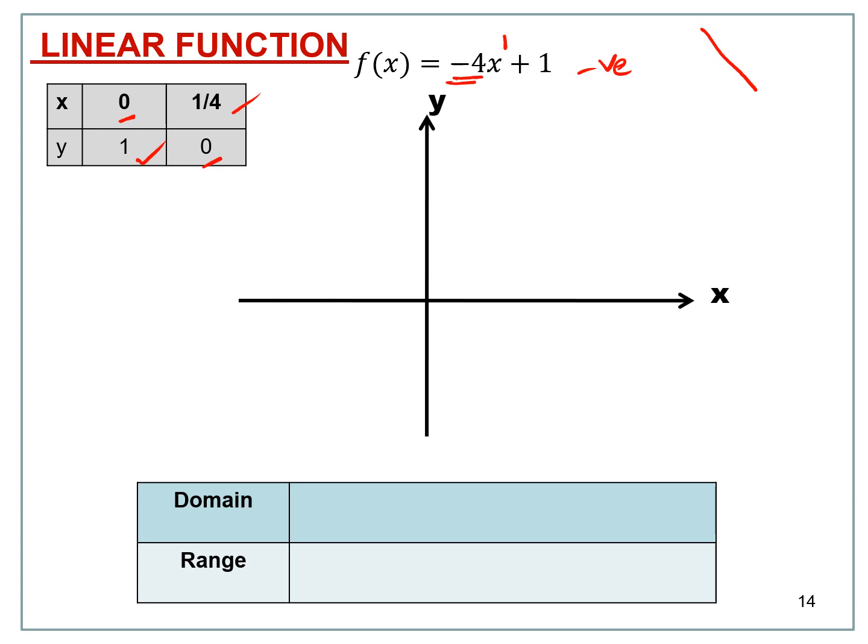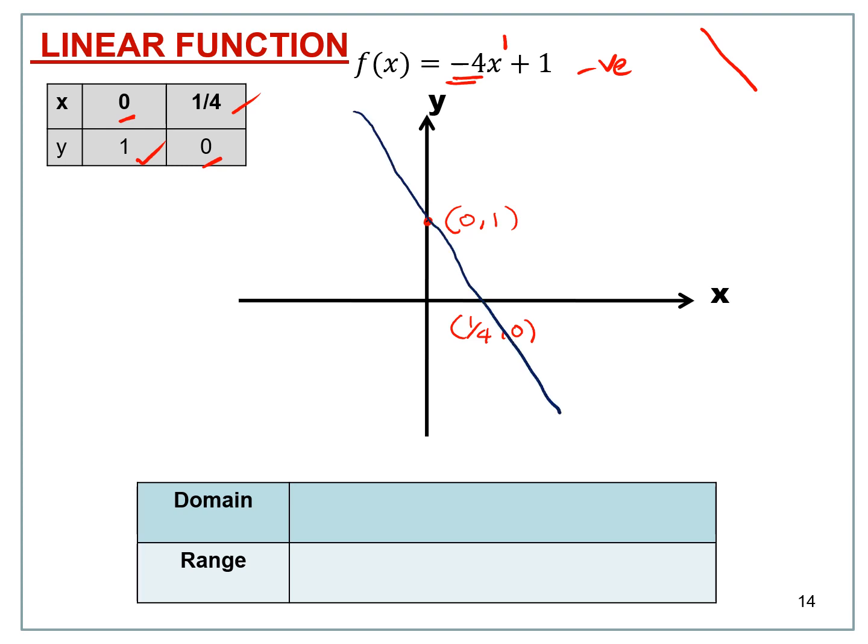So let's put the points. This is (0, 1), and then (1/4, 0), which is smaller than 1. From this, you connect these 2 points, and the gradient is negative.